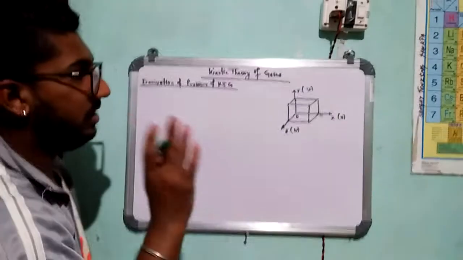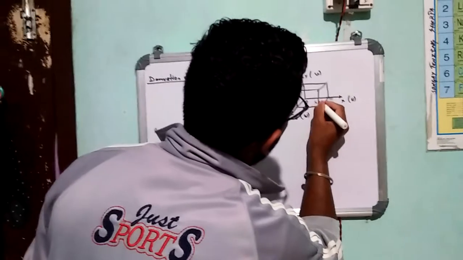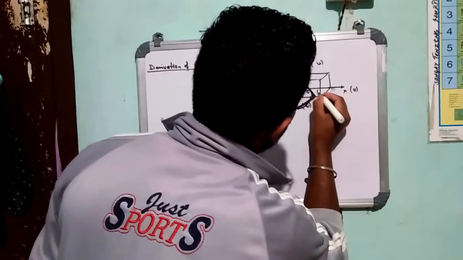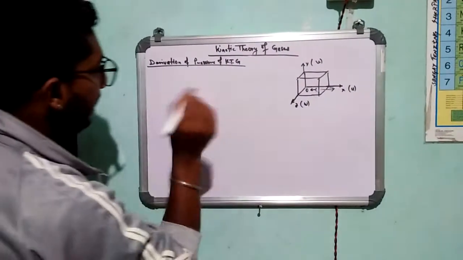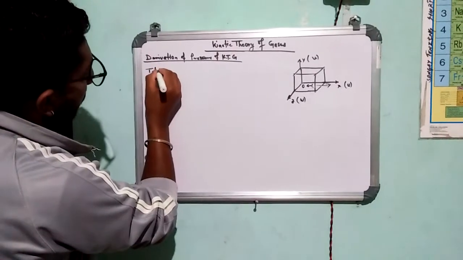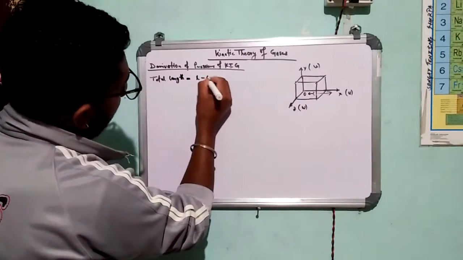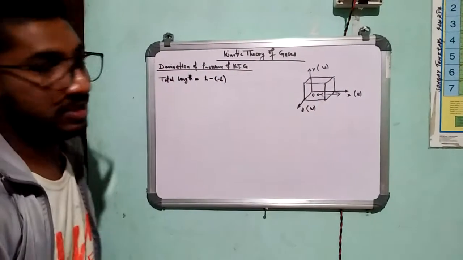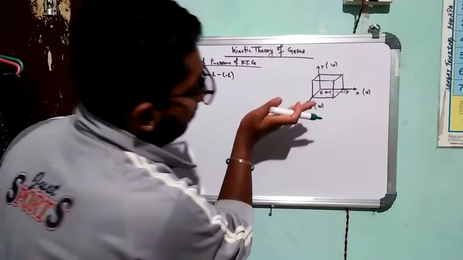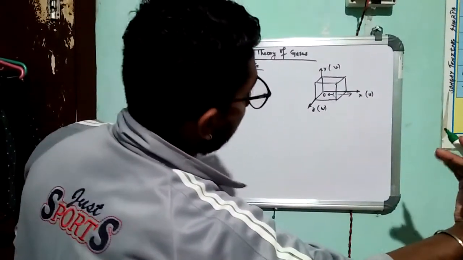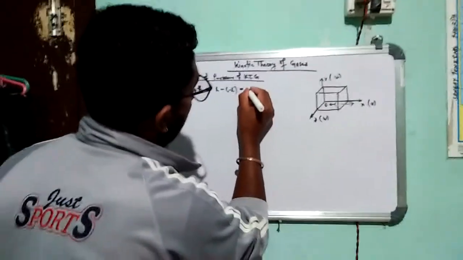So let us consider the length from this origin along the x-axis is L. So x is L. Now what is the total length? Total length is L plus L, because once the particle moves along the x-axis, it will come back to its origin. So this is equal to 2L.